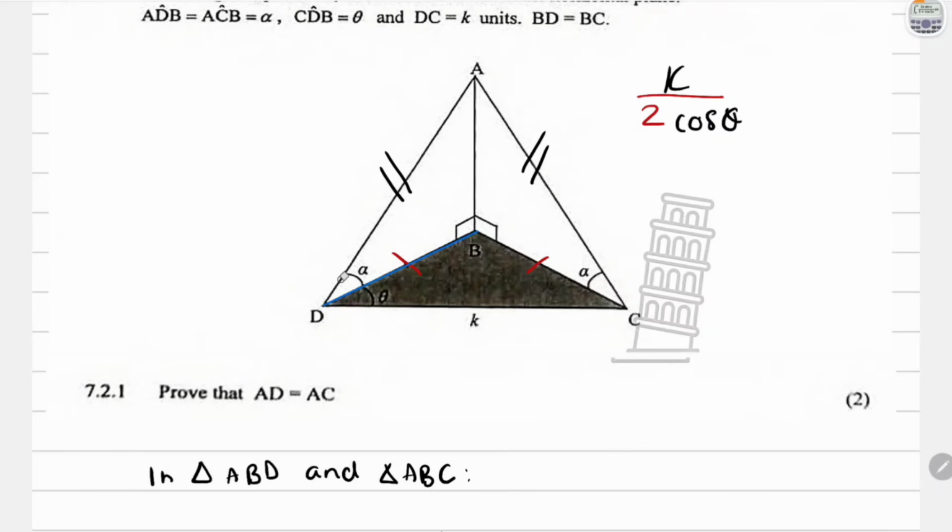For example, if I was looking at alpha and wanted to include AB, I could say sine of alpha is equal to the opposite over the hypotenuse, so AB over AD. That's how you can get a single term like that when you have a right angle triangle.